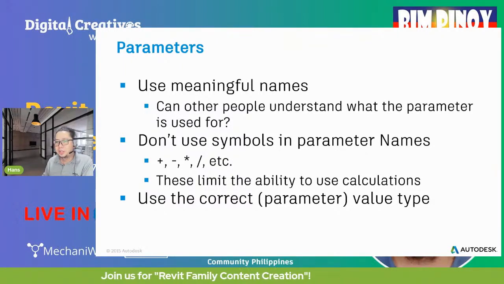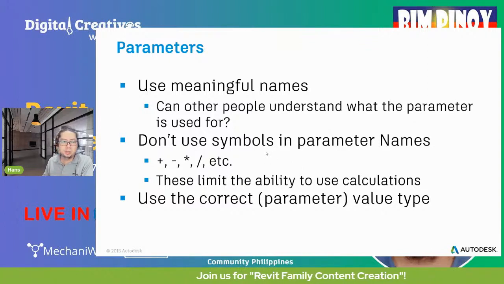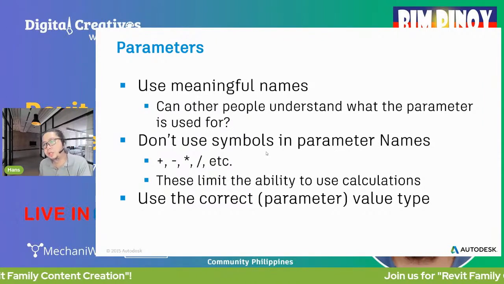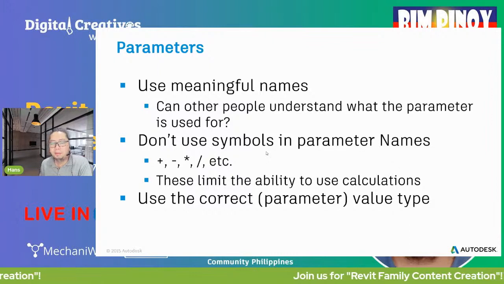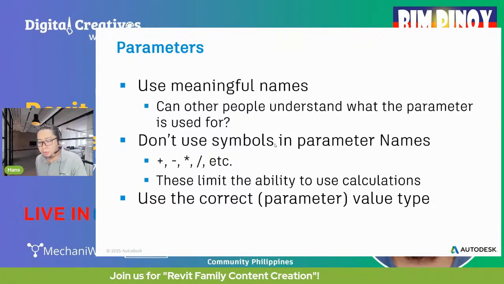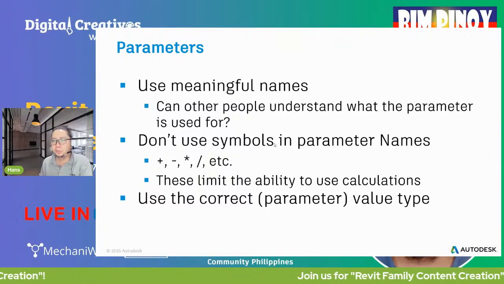As I said, those persons on your team need to understand how you are using your parameters. As much as possible, have a naming convention for all of your projects as well as your families, so it's easier for them to look at and use.